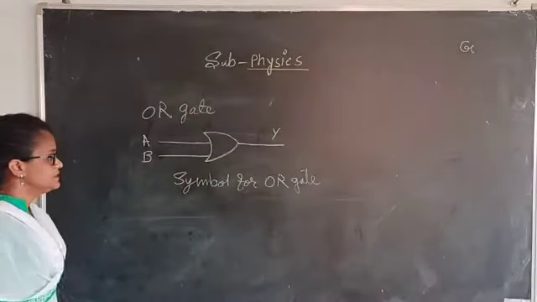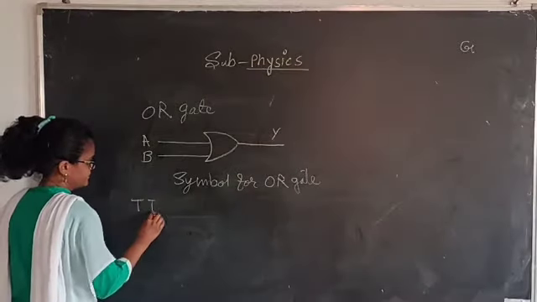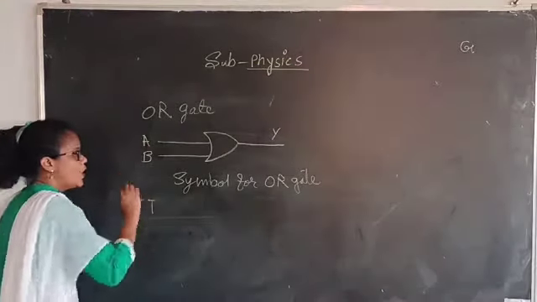Now we'll see the truth table for the OR gate.